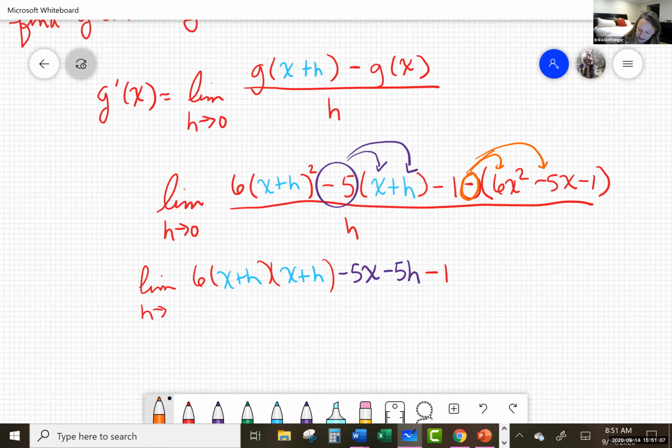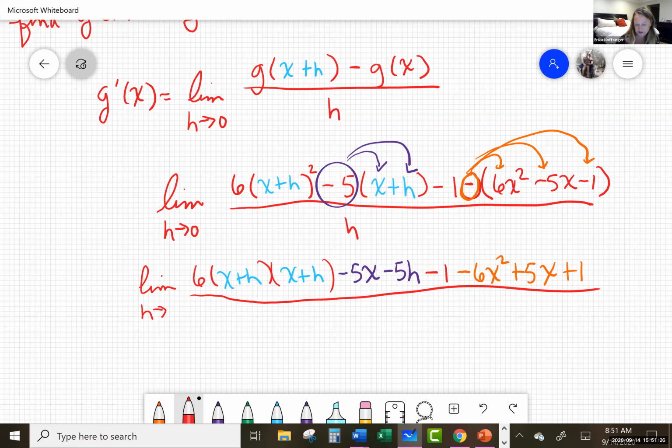So distributing -1 to positive 6x squared gives us minus 6x squared. Negative times this -5x is plus 5x. And negative times -1 is plus 1. All over h.